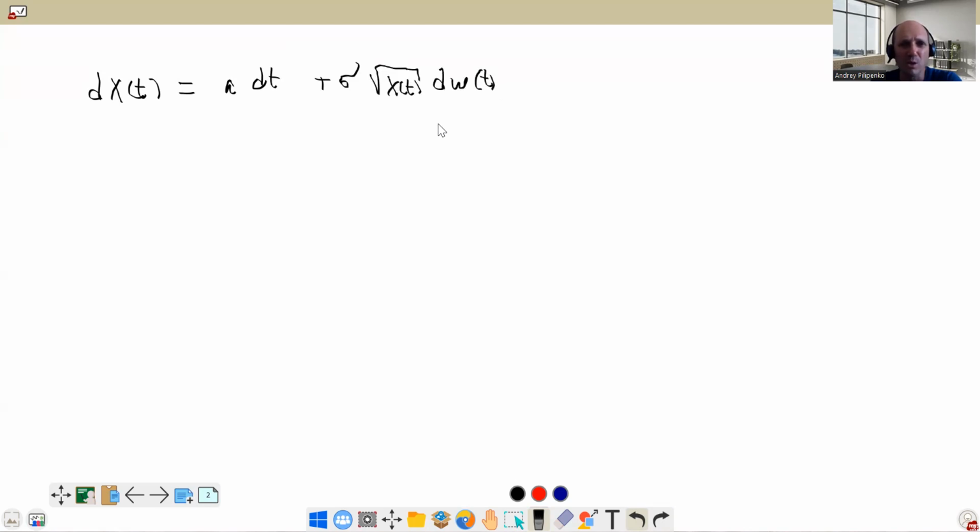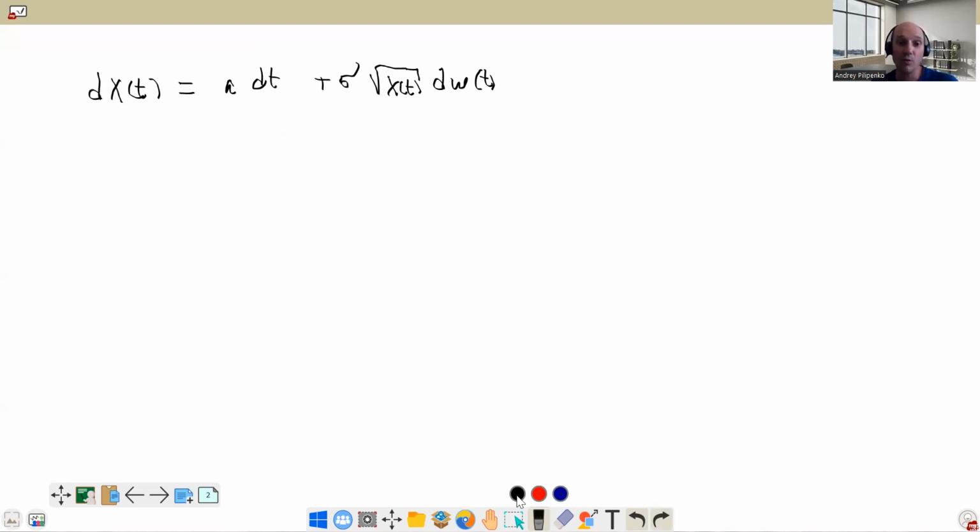Well, the Cox-Ingersoll-Ross process is the process when you subtract here minus b x of t, and everything can be done for this process, but the idea for Bessel and for the Cox-Ingersoll-Ross process are the same, and all calculations are the same. So I will not write this additional term.